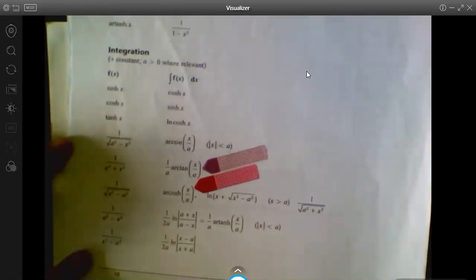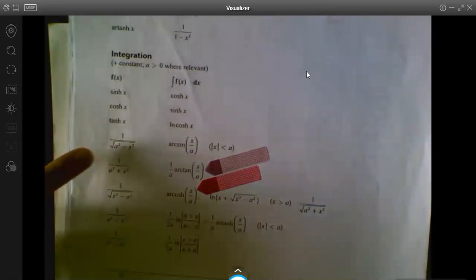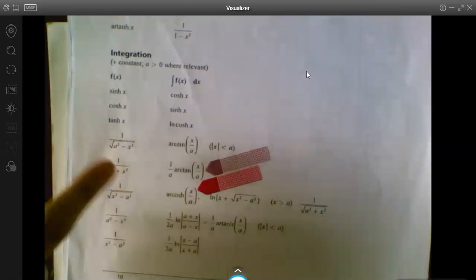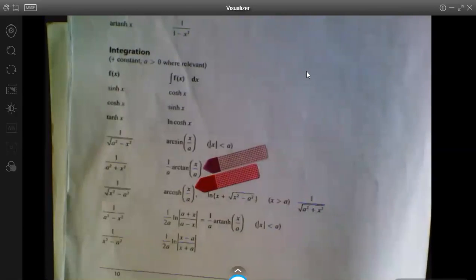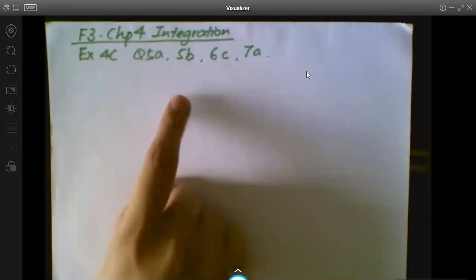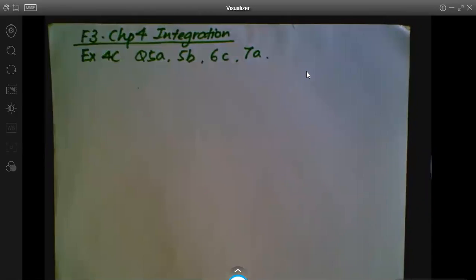So you should be familiar. However, the ones in the integration, instead of 1, they give us a. When you substitute a equals 1, you get back what you have on top. Today, we are going to show you through the examples 5a, 5b, 6c, and 7a, how to directly use the formula on your formula sheet.